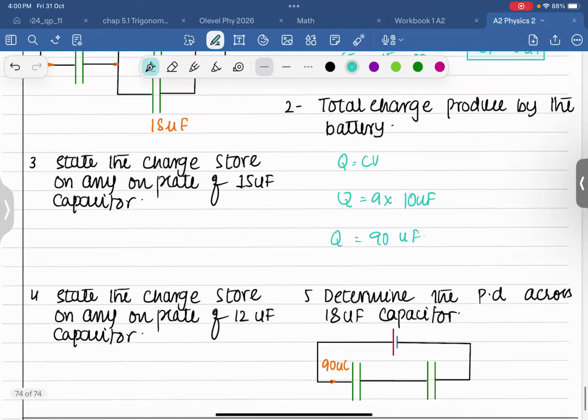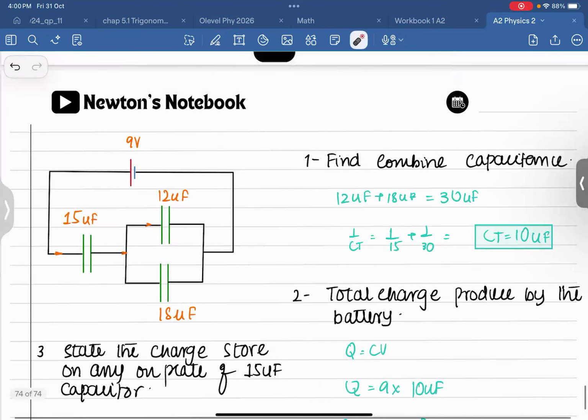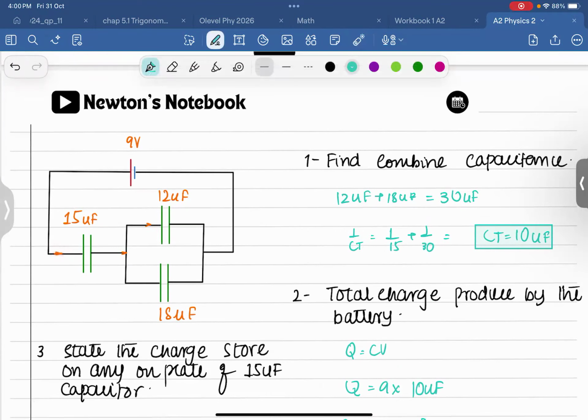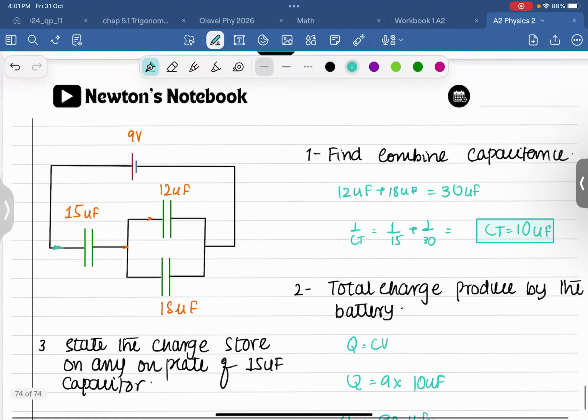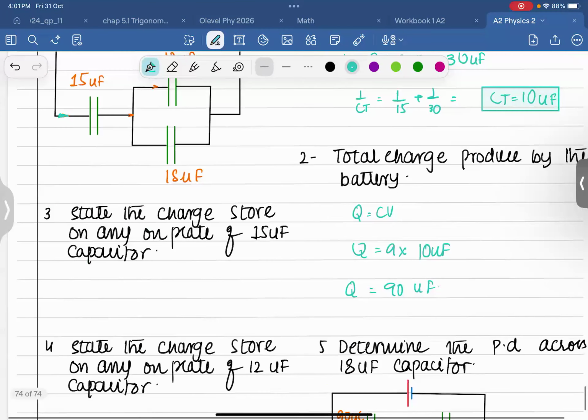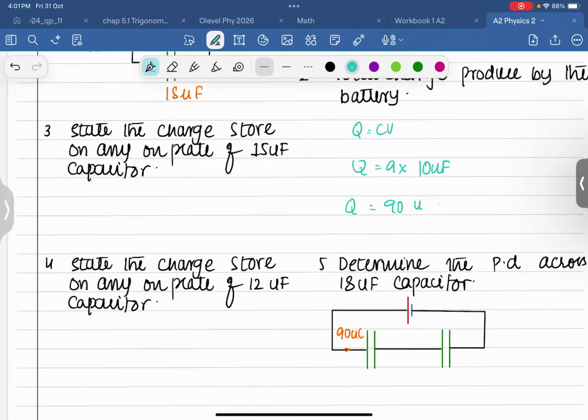So in the third question, if I ask to state the charge stored on any one plate of the 15 microfarad capacitor, the 15 microfarad capacitor is right here, and we know that it is in series. In series we have the total charge of 90 microcoulomb, not farad. So it's going to be 90.